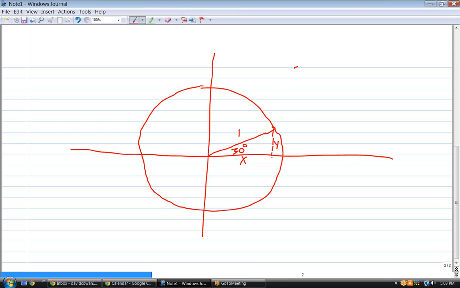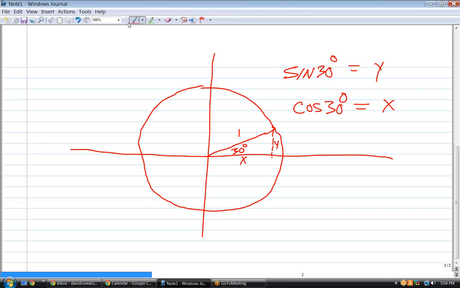Then I would be able to say that the sine of 30 degrees is equal to y over 1, and the cosine of 30 degrees is equal to x over 1, or let's just take away the 1. In other words, the x-coordinate is the cosine of that angle, the y-coordinate is the sine of that angle.